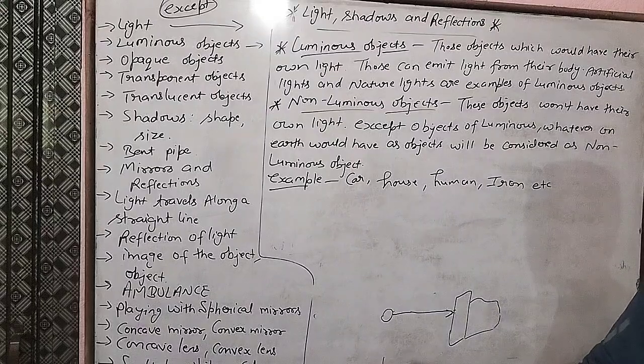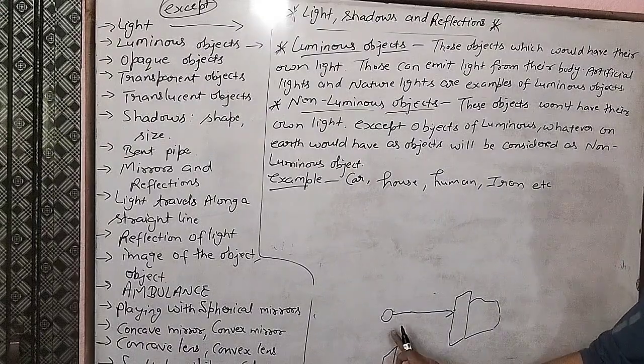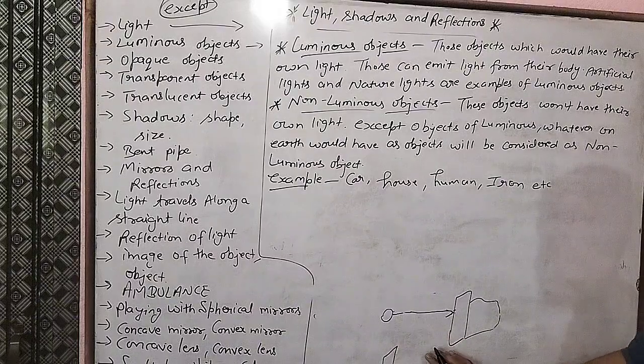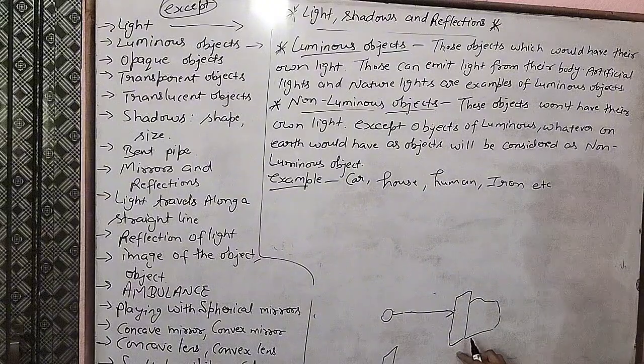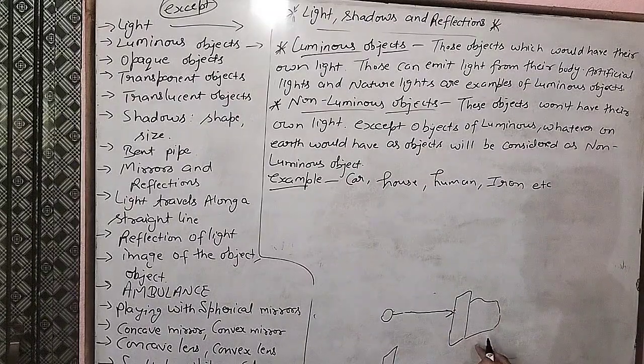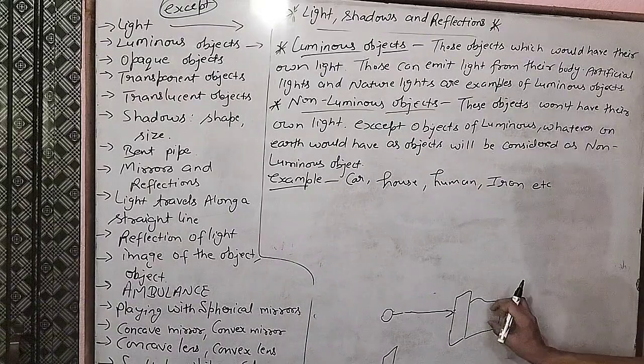Through another example, we can understand about it. Source light is compulsory to see this object. We wanted to see behind this object. Now you tell me, will we be able to see the objects behind this, which means behind this object? No, because light is not crossing through this object. When light will cross this object, then we will be able to see behind this object.